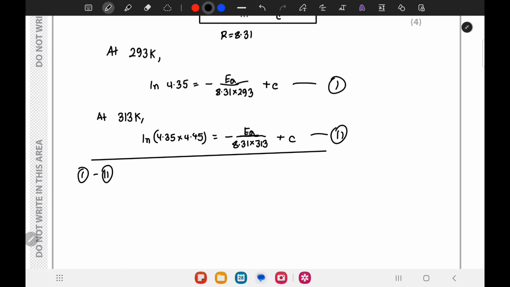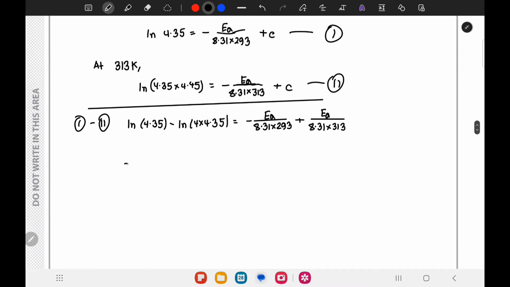1 minus 2. This will be ln 4.35 minus ln 4 into 4.35. On the right, we have minus EA by 8.31 into 293 plus activation energy divided by 8.31 into 313. The C's cancel out. Now on the left, we'll have ln 4.35 divided by 4 into 4.35.